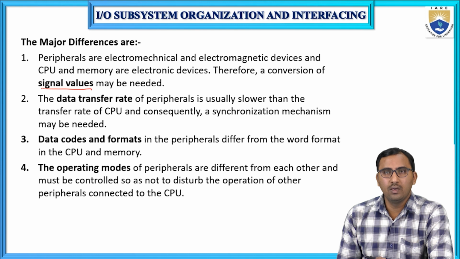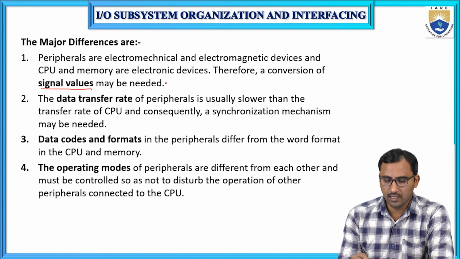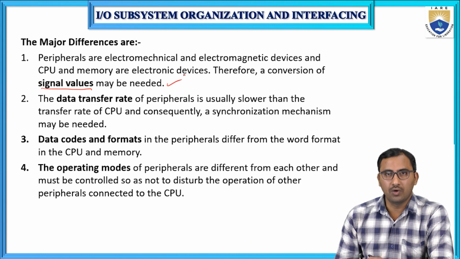In order to match or convert one form of signal values into another form of signal values in between the CPU and IO device, we are using this interface circuit. That's why we are using an interface circuit between the CPU and the IO device.